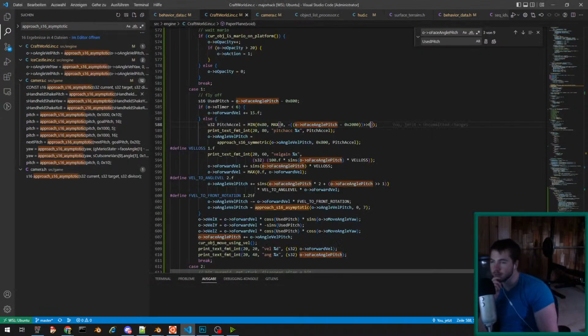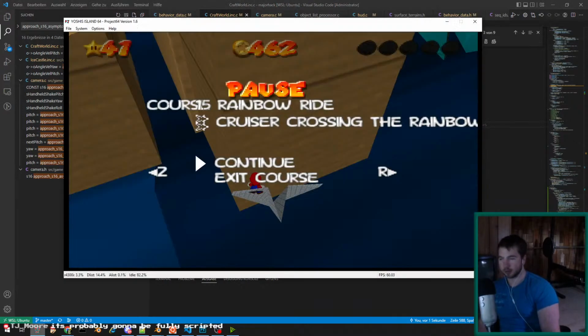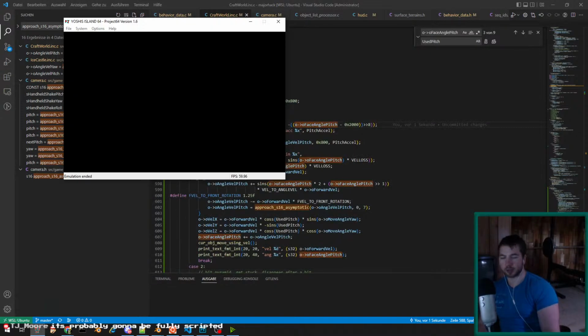Okay, that's... We're now dividing by too much? No, that doesn't make any sense. Dividing by 256 seems like a lot though.